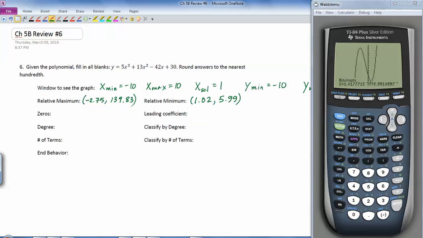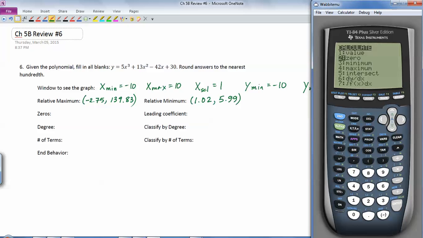Okay, the zeros. So let's go back to the graph. There's only 1 zero here. Notice the minimum was actually right around 6, so that doesn't touch the x-axis there. So I only get 1 zero, and it's right here. It looks like it's right around -5. Let's go second calc, zero. And I need to mark it on the left and the right side of the zero.